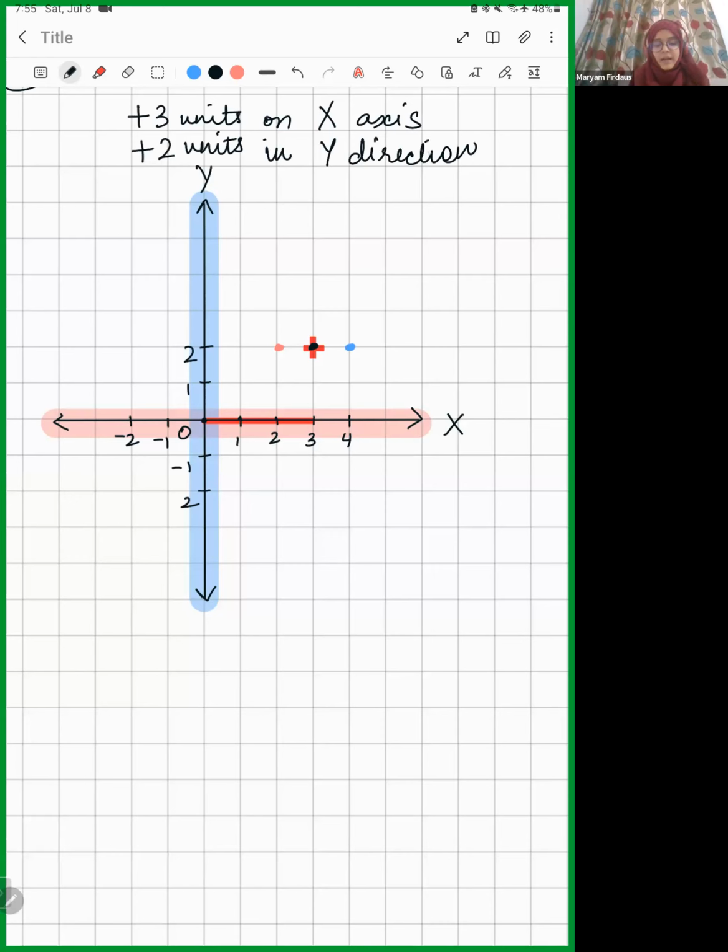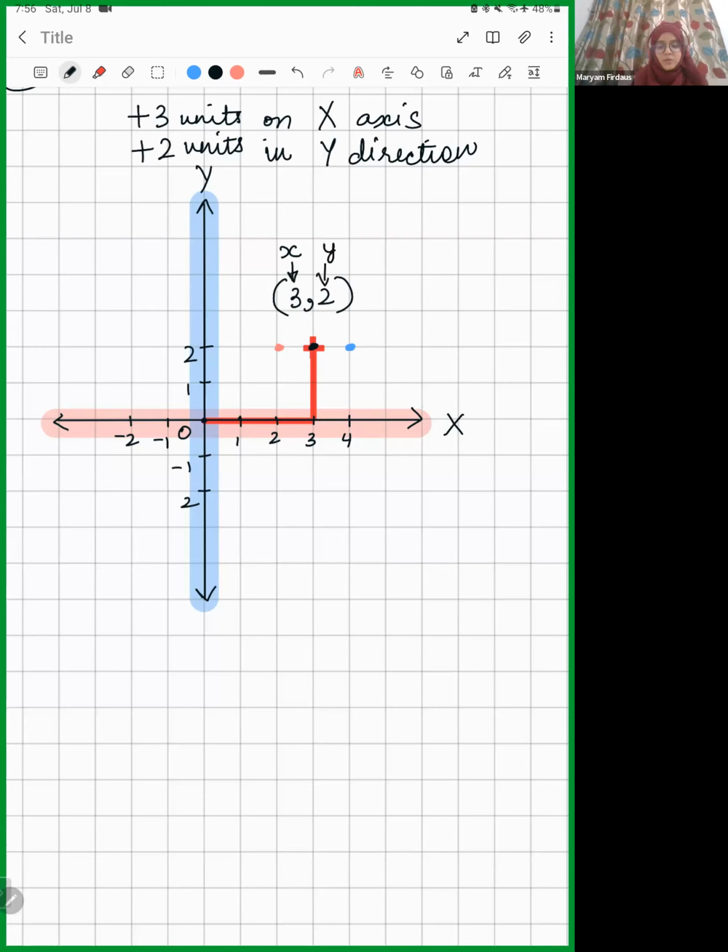You're gonna go here, and you have reached your goal, which was this dot. So for this dot, first we will write 3 and then we will write 2. 3 comma 2 is its position. First we write the x coordinate and then we write the y coordinate.